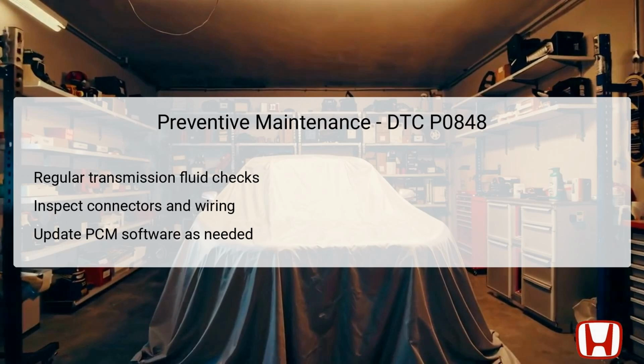Keeping the PCM software updated is also essential, as manufacturers often release updates that enhance the performance and reliability of the system. By employing these preventive measures, you can ensure that the transmission fluid pressure switch B operates effectively and reduce the likelihood of encountering similar DTCs.